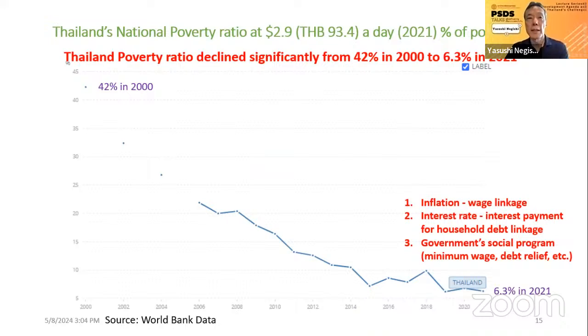In the case of Thailand, this amount is $2.90, 93 baht per day. This number was set by the Thai government in 2021.